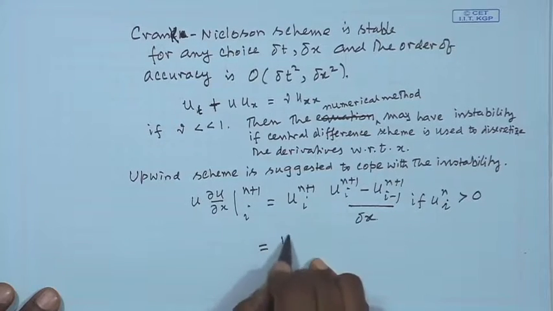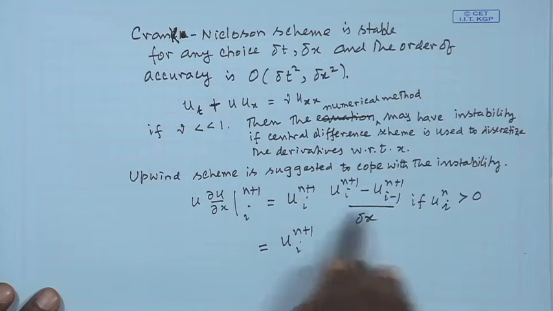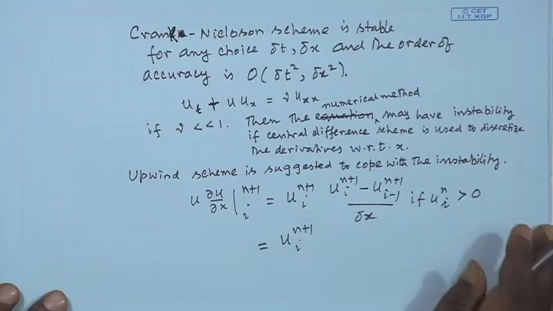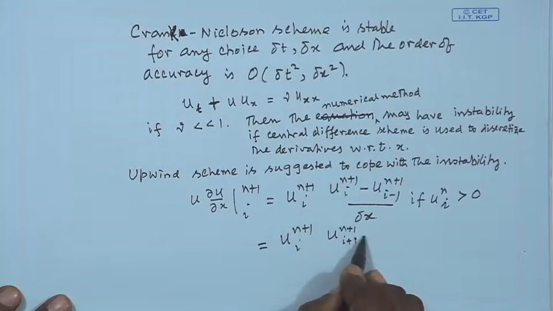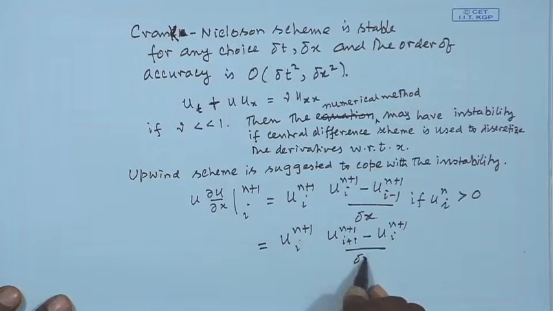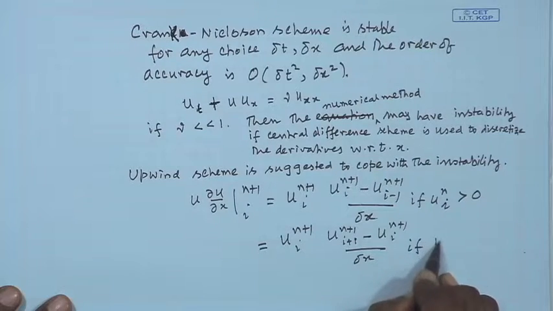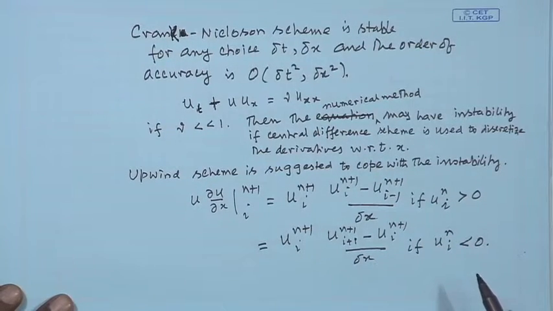That means there is a backward difference in x if the flow is in the forward direction. And this is u n plus 1 i plus 1 minus u n plus 1 i by delta x if u n i is less than 0.